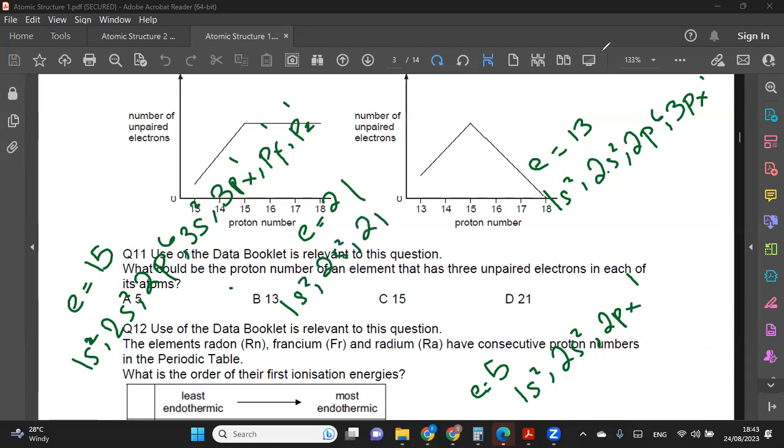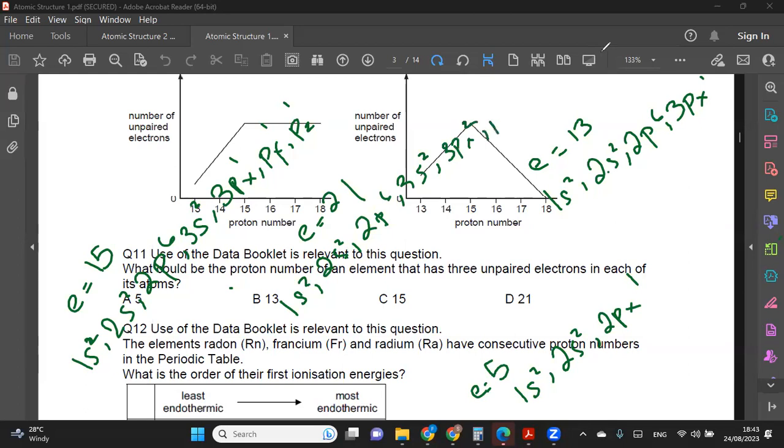2p6, and 3s2. After that, this they doesn't have 2px, py, yes, correct.